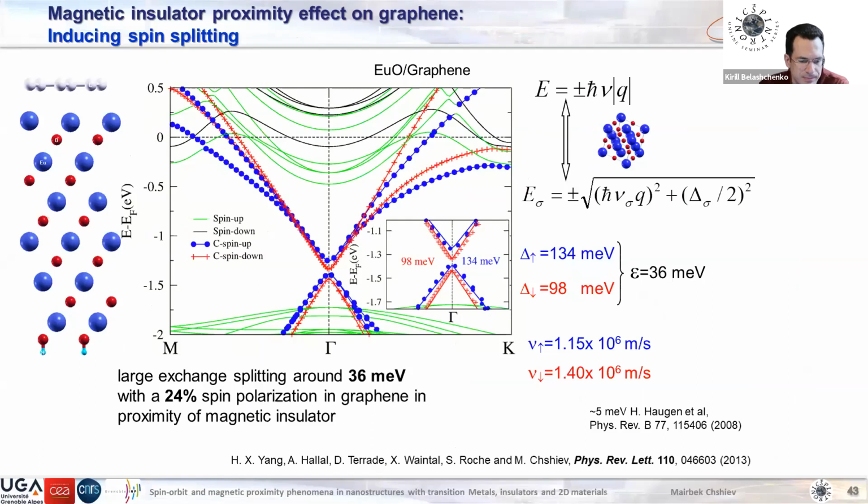about proximity-induced magnetism. So what is the idea again? We put graphene on top of europium oxide, for example, which is a magnetic insulator. A long time ago there was work by Arne Brataas and colleagues, where they proposed a similar idea and said that in this system you can get 5 millielectron volts.